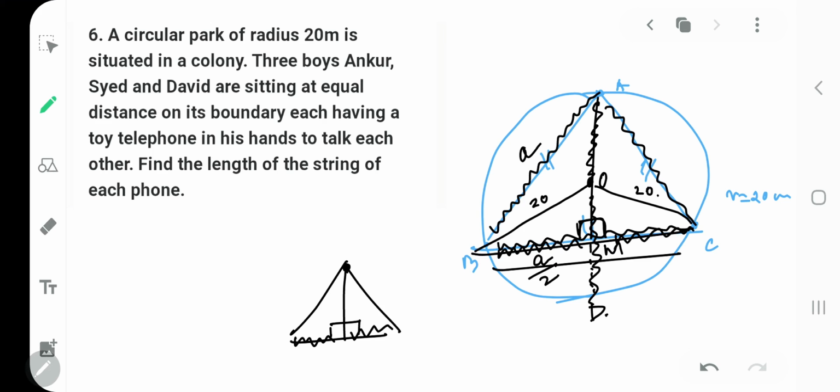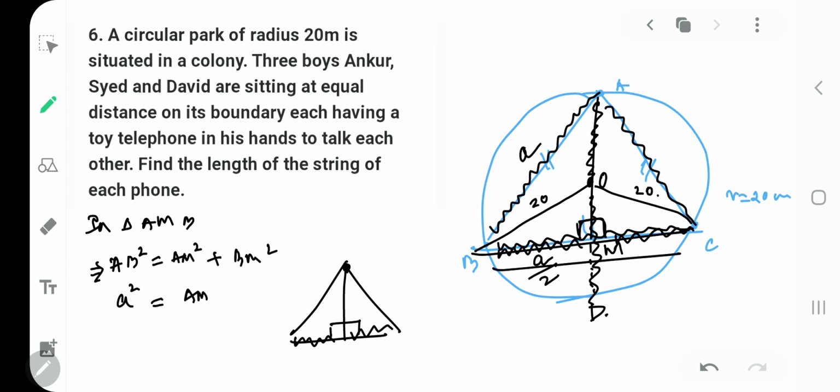Now if I go to triangle AMB, I'll take it as AB square is equal to AM square plus BM square. So AB square, that is a square, is equal to AM square plus BM, that is a upon 2, the whole square. So that will be a square is equal to AM square plus a square upon 4.